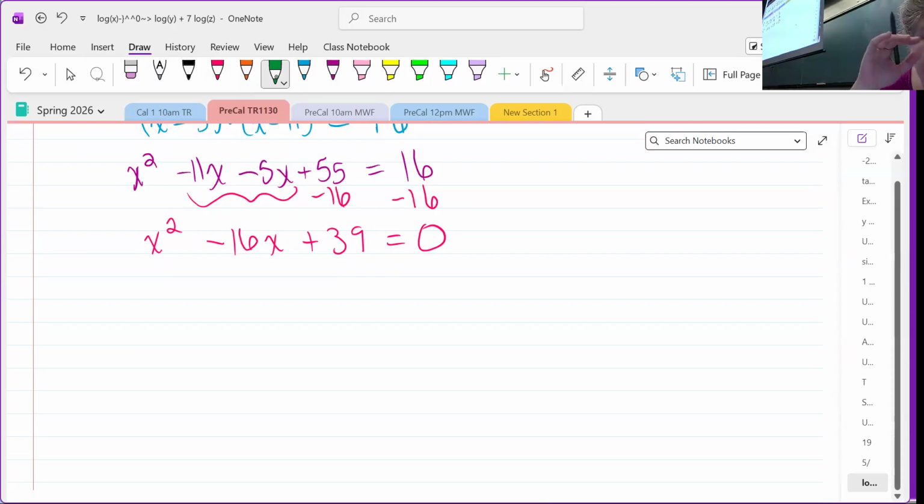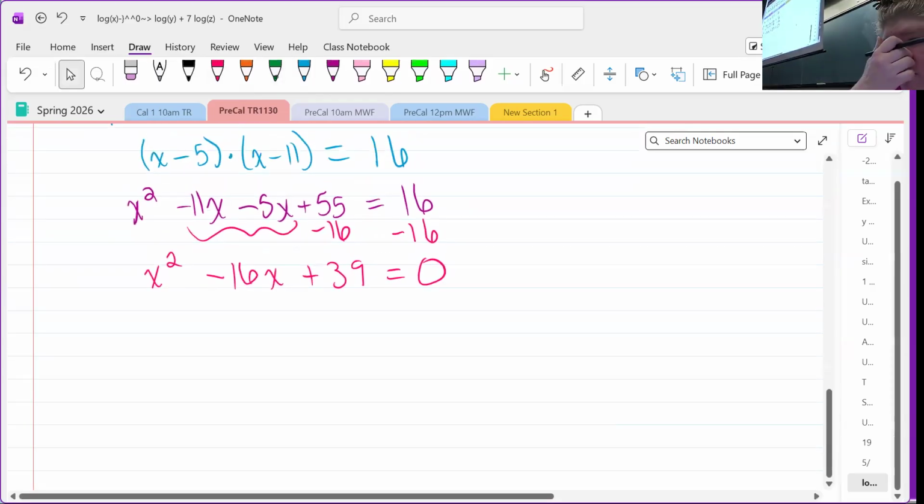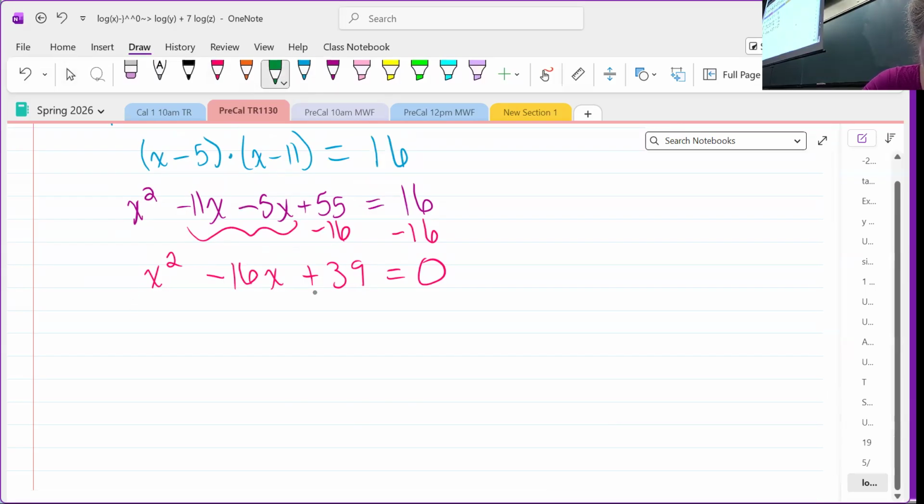We can use the quadratic formula here, and that will give you the 2 results for x. If that's your preferred way of doing it, absolutely, it totally works every time. We are deliberately, though, producing a quadratic that factors.